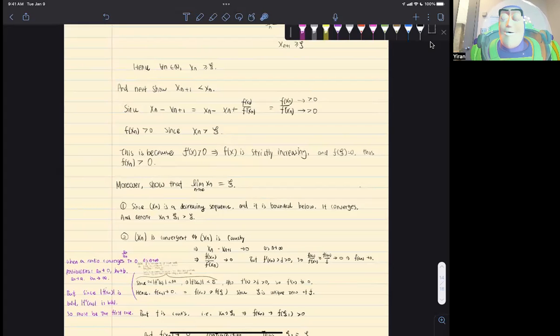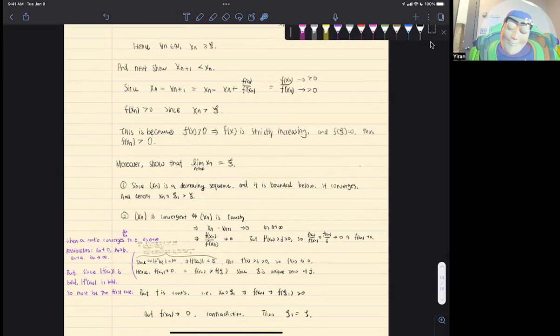Therefore, it's convergent, and because it is convergent, we do have the fact that it is a Cauchy sequence. Therefore, xn minus xn plus 1 converges to 0 as n goes to infinity.